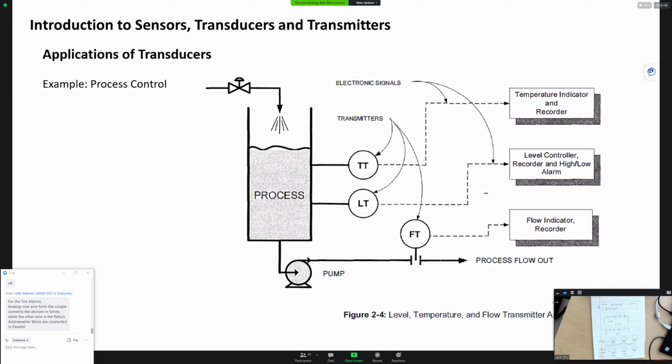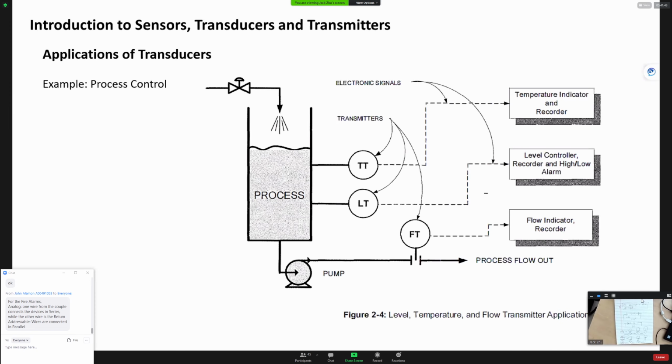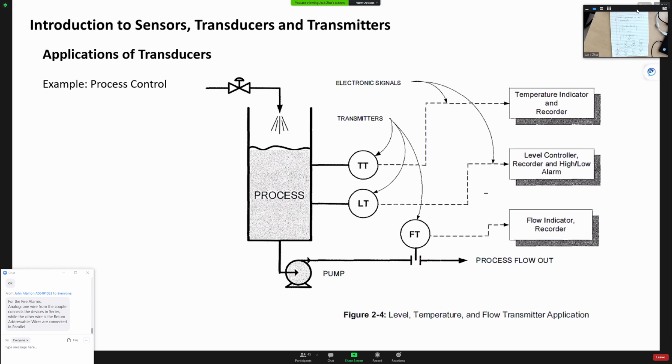Yes, John, you are right. Mostly the systems you did for now, like the initiating devices, those pull stations, smoke detectors, heat detectors, are all addressable, so you can connect the wire in parallel.